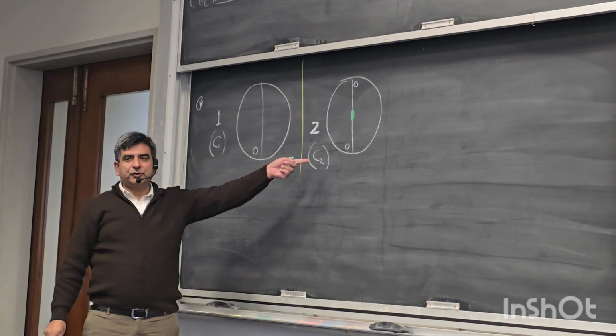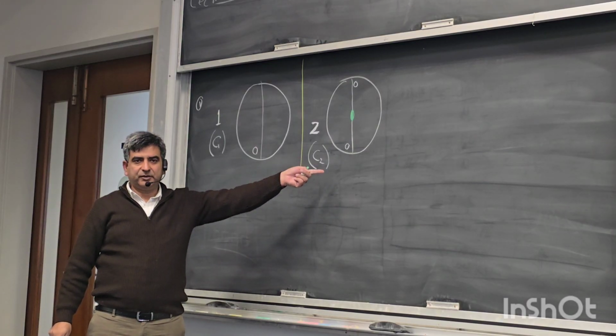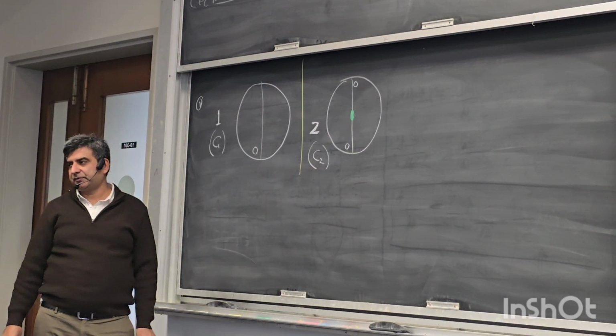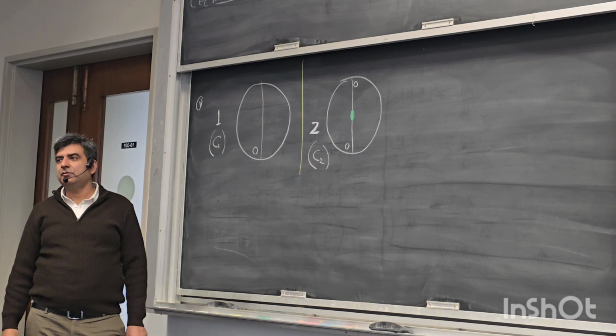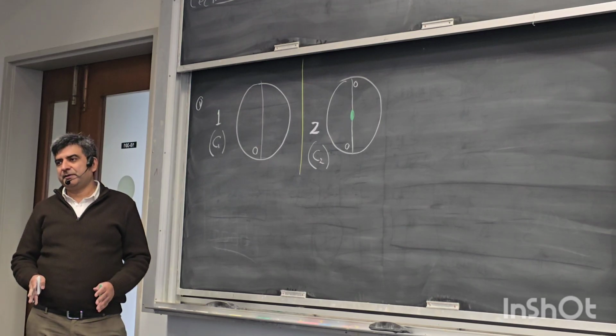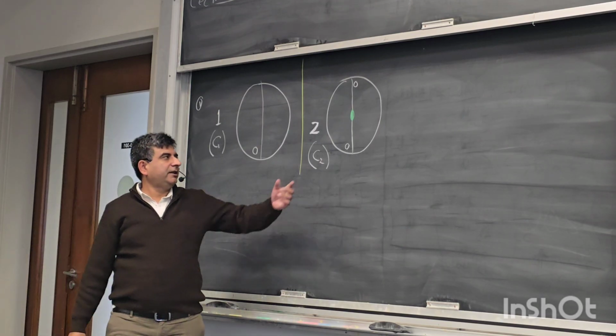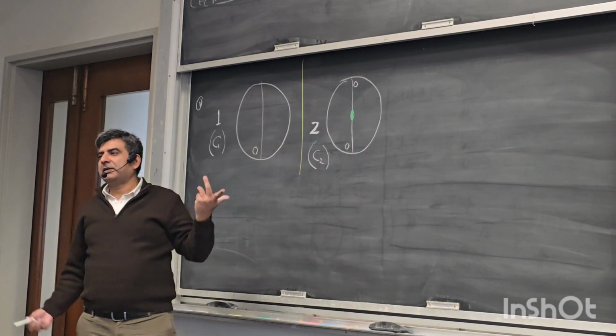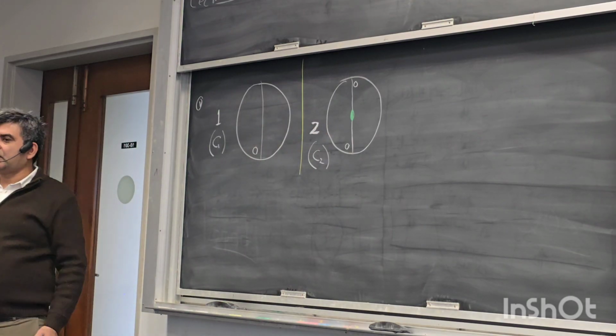So if this was a mathematical group, how many elements would be in this group? 2. What are those elements? Identity and the twofold rotation. So this group has order 2, which means it has 2 symmetry elements. And luckily one of those symmetry elements has been denoted by this green symbol. Okay?